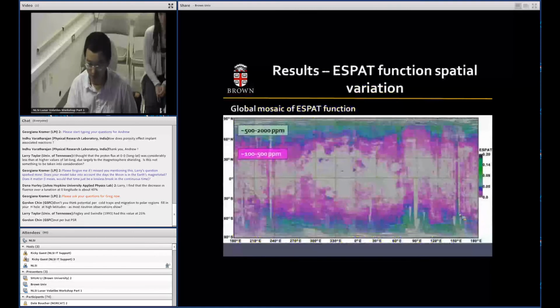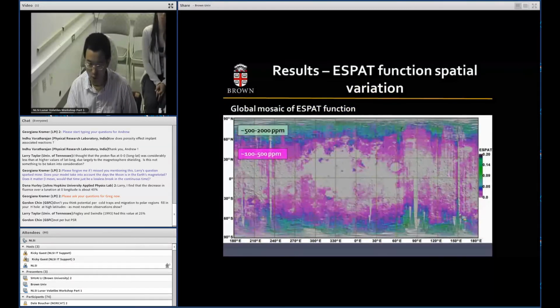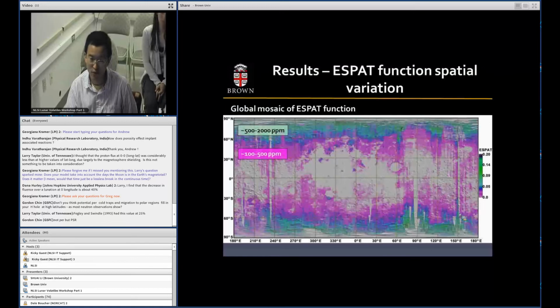And this is a global mosaic of the absorption thickness function we derived with our newly thermally corrected M3 data. If we assume the slope between water content and absorption thickness is 2.5, the purple region is around 100 to 500 ppm water content. The blue to greenish region is around 500 to 2,000 ppm water content.